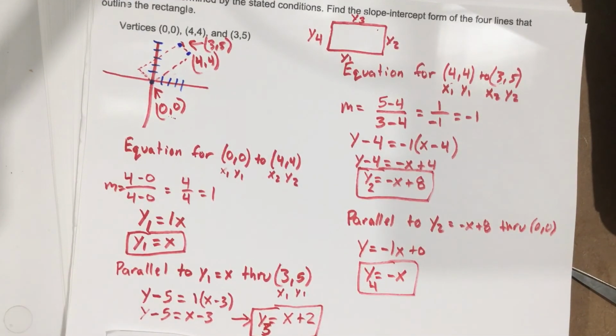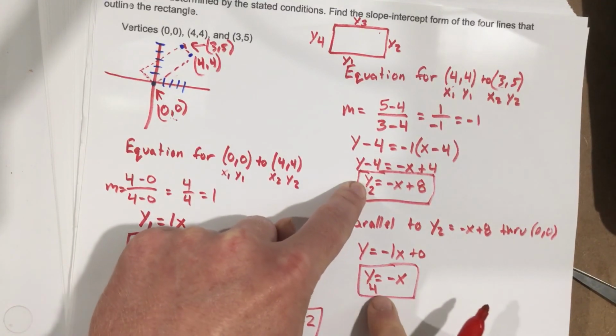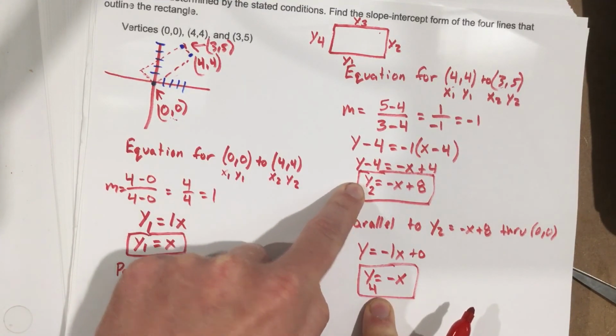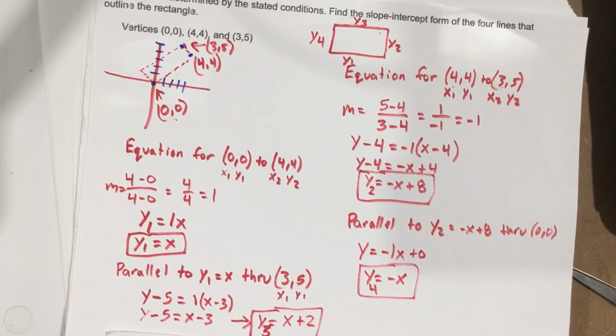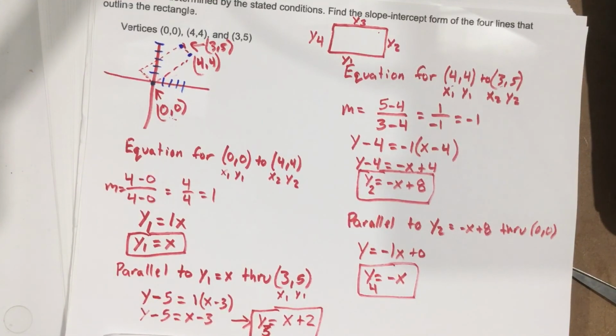So our 4 lines: y1 and y3 are parallel to each other, and y2 and y4 are parallel to each other. That's how we know we have a rectangle, because they all connect at the corners, but they're parallel to each other. That's the definition of a rectangle.